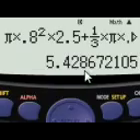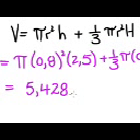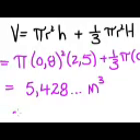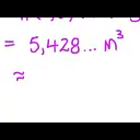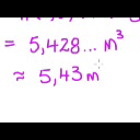That gives you 5,428 cubic meters. Since they haven't told us what to round off to, we go to our default, which is 2 decimal places. So this is 5,43 cubic meters.